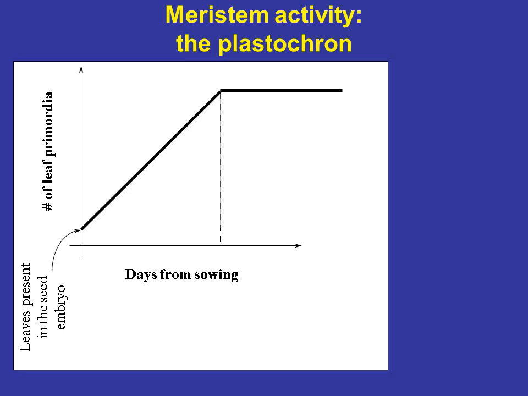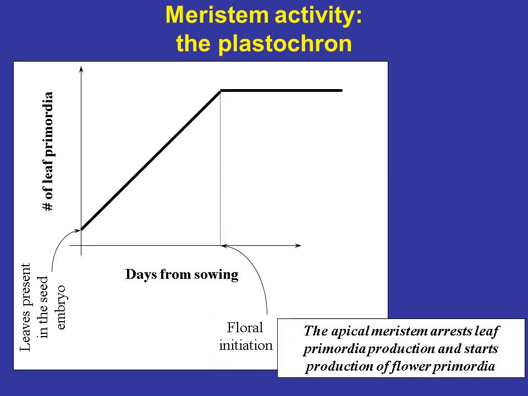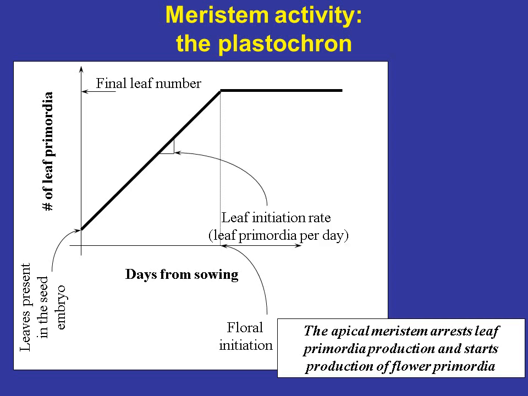It will continue doing so until it changes from vegetative to reproductive at floral initiation, when it will start the differentiation of flower primordia. The total number of leaves at the given stem will be established at this moment and will never change. Because we are analyzing plants growing at a constant temperature, the rate of leaf primordia differentiation by the meristem is constant.